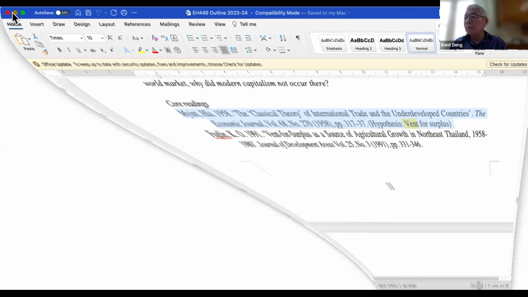100%. Absolutely. Secondly, India, ever since World War II, had a tradition of ISI, import substitution industrialization. That worked, actually. For example, in terms of Indian iron and steel production, Indian defense. Yeah, you did it.